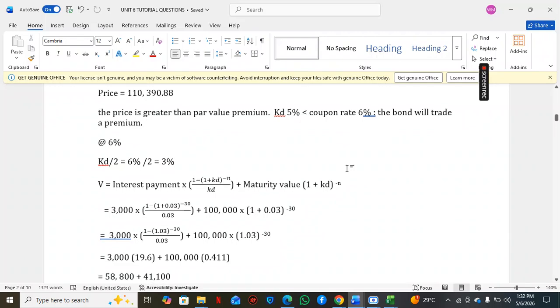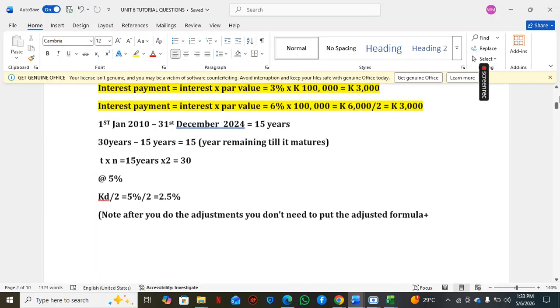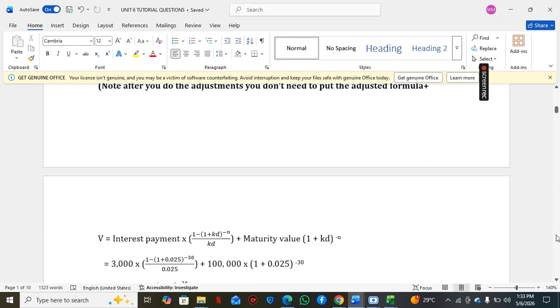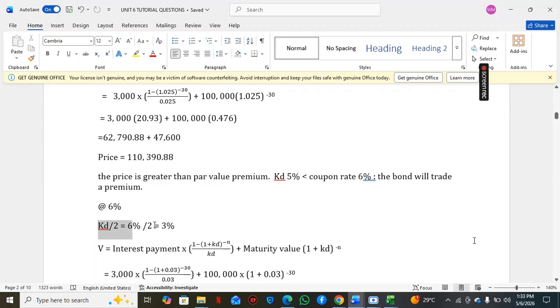Remember, the 6% divided by 2, and you're going to get 3%.